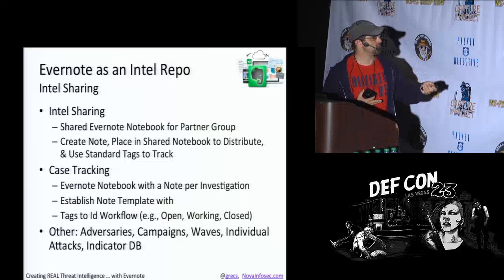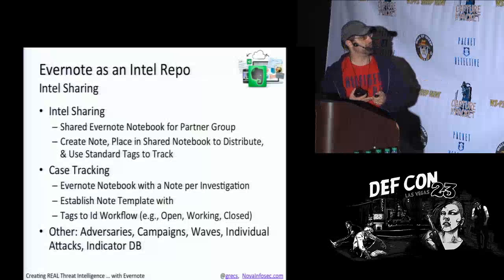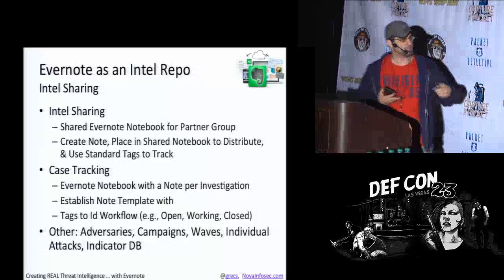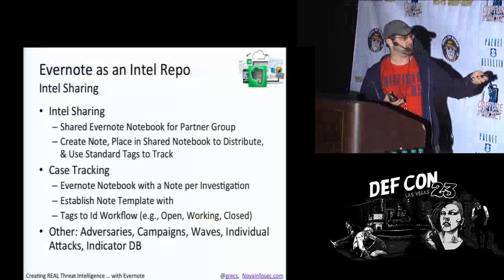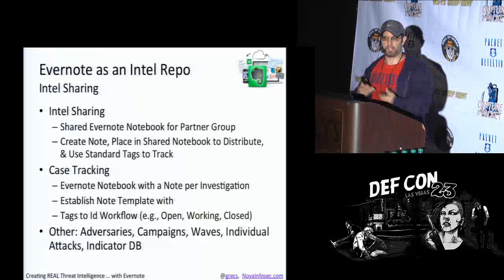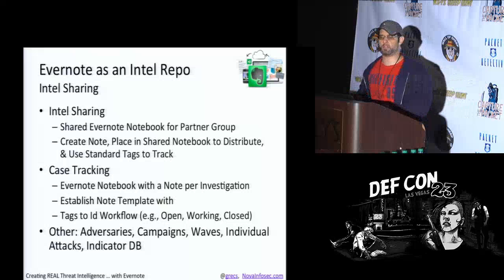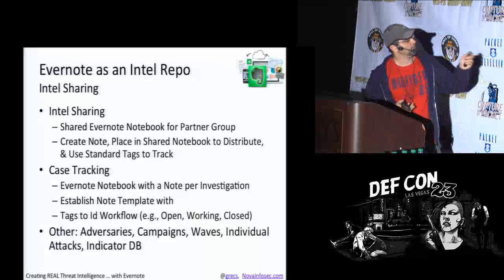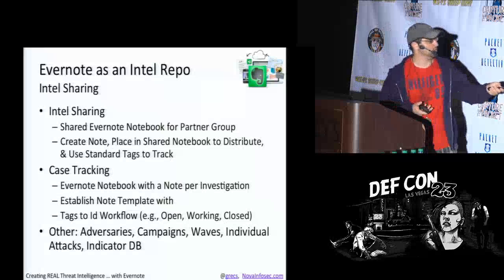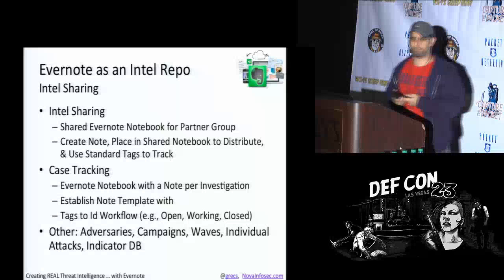And then also case tracking. Whenever you create a new case, you create it and then you tag it with open and you work it. Then you would move the tag over to working, and whenever you're done with it, you would tag it closed. There are some other things you could do here, like have a notebook of adversaries.